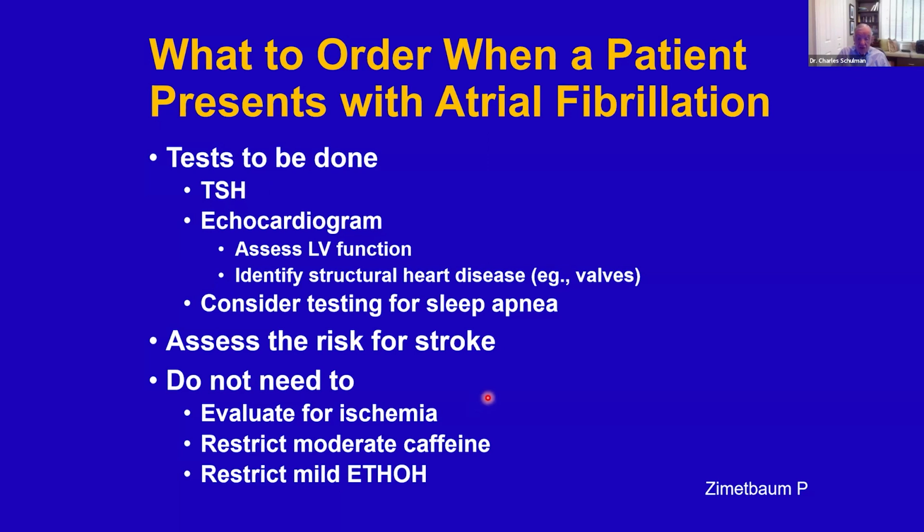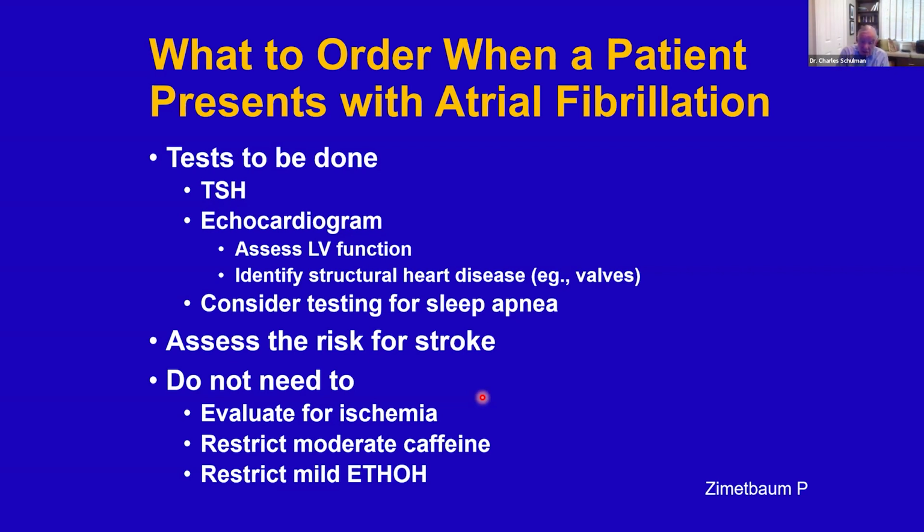You do not need to evaluate a person with paroxysmal atrial fibrillation for ischemia every time he develops an episode of atrial fibrillation. The patient who shows up in your office with an irregular rhythm and is asymptomatic, for example, you don't need to hospitalize that patient looking for ischemia.